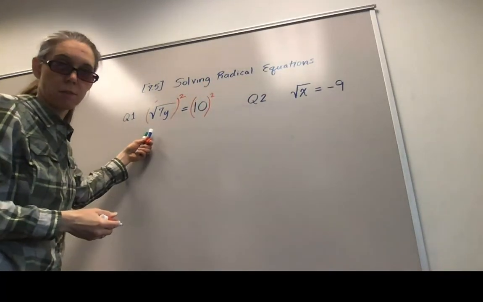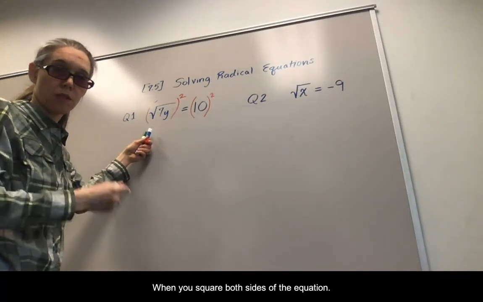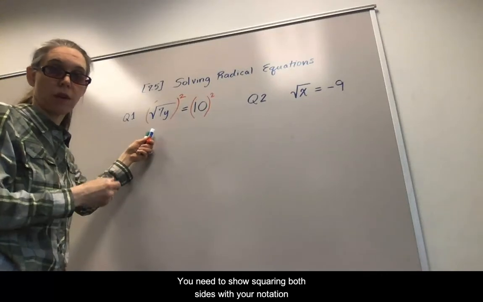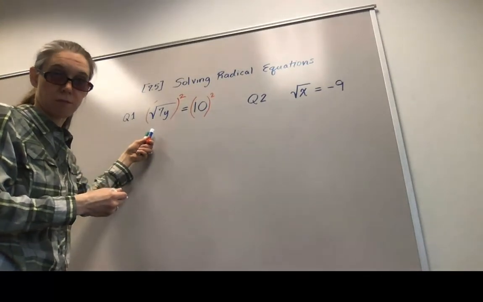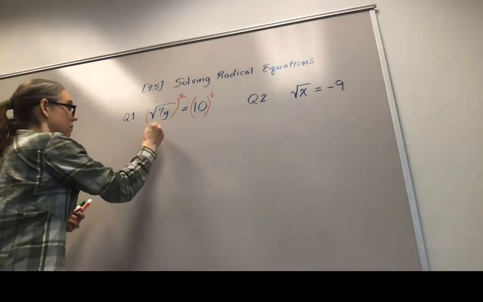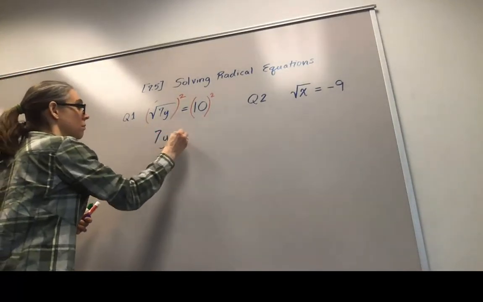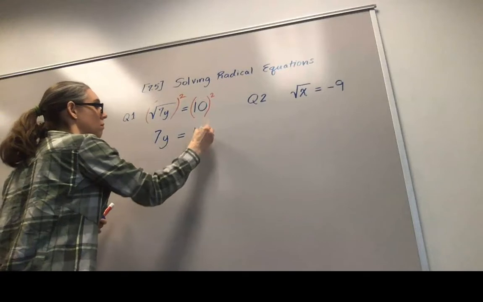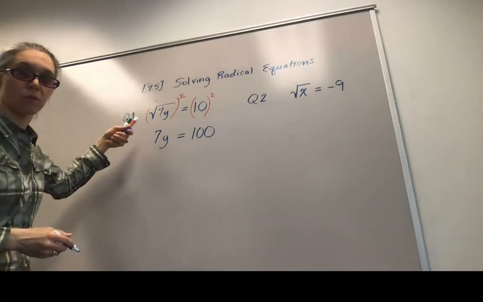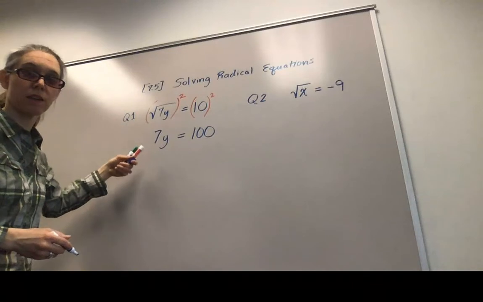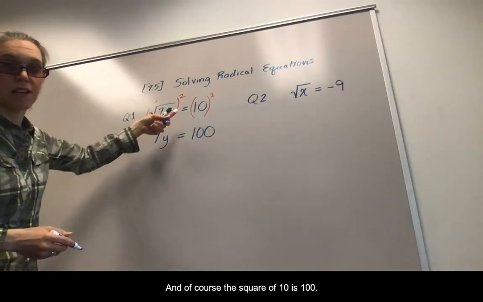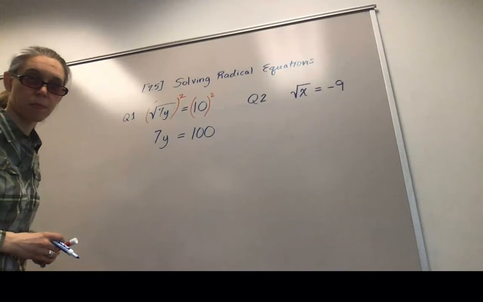Show this work. When you square both sides of the equation, you need to show squaring both sides with your notation. The result is the square of the square root of 7y is 7y, and of course the square of 10 is 100.